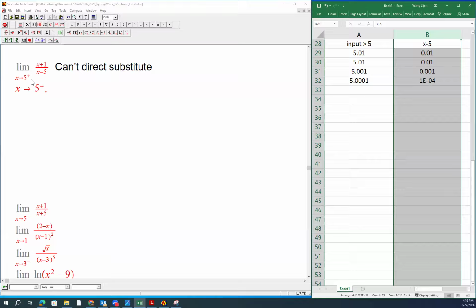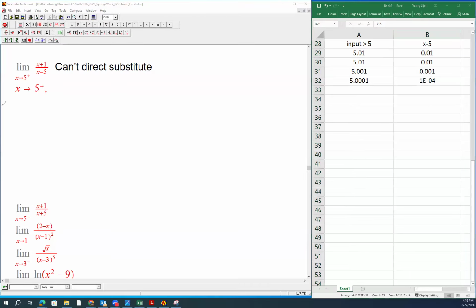So when x is approaching 5 from larger than 5, x minus 5 is approaching. Let me use some symbols so you get familiar with the symbols. When x is approaching 5 from larger than 5.